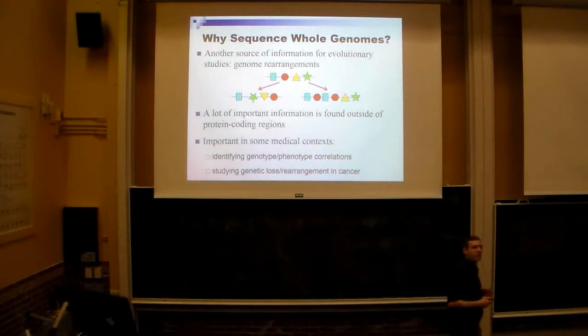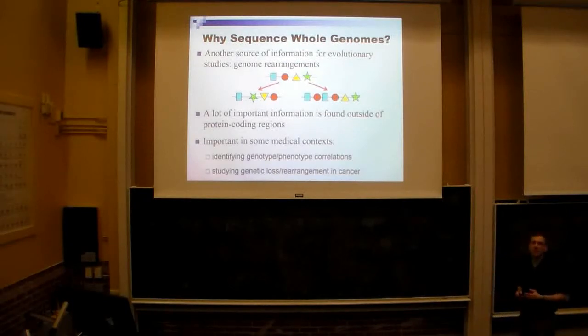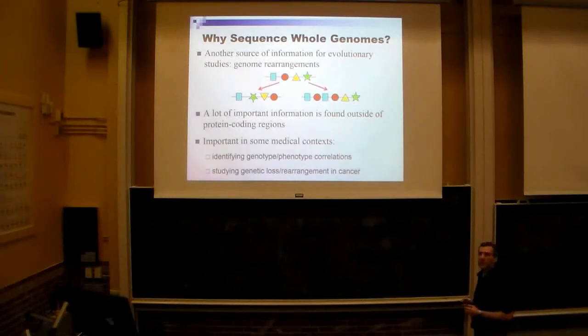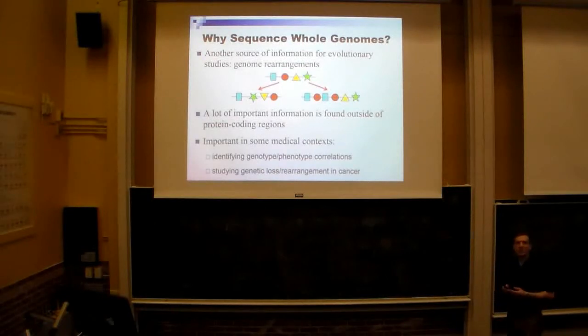There are a lot of ways genomic sequences are being used in modern biological analysis, but a few of them I just mention up here. One reason we're interested in whole genome sequences is a reason that I mentioned for being interested in a number of different biological data types, and that is studies of evolution.